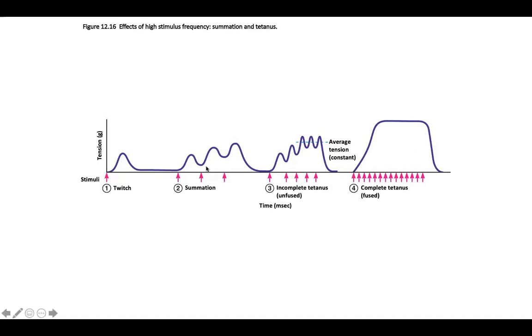And so the next time we stimulate, it'll just be stronger because we already have the machinery warmed up, right? The latent period is going to be negligible because we're already warmed up. Calcium is already in the sarcoplasm, and so we can generate more force with a subsequent stimulation.